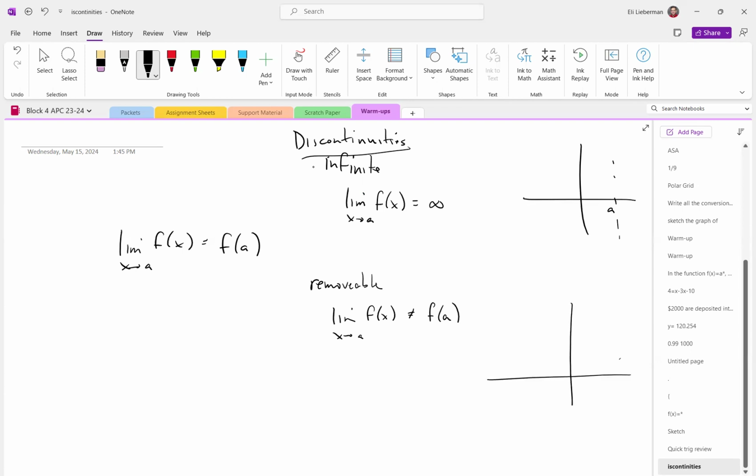So in this case, our a would be here. That limit does exist, but it's not equal to f of a. So it can either look like that or somewhere not there, either above it or below it, just not where it seems to be headed for that limit.